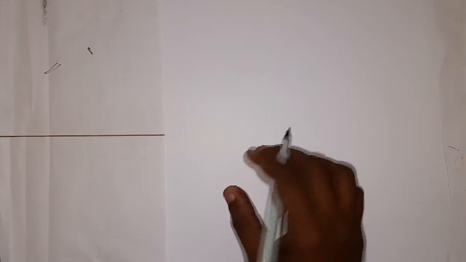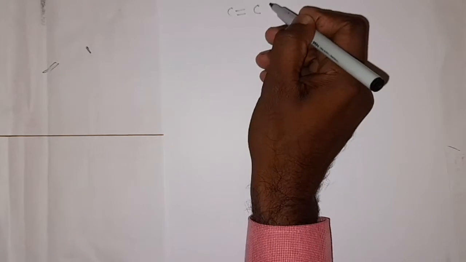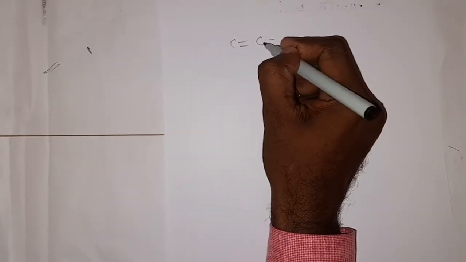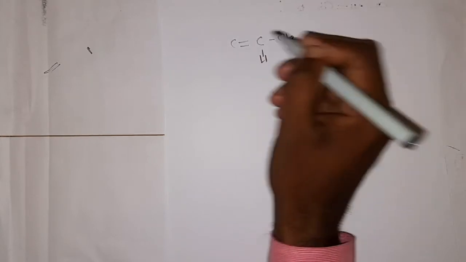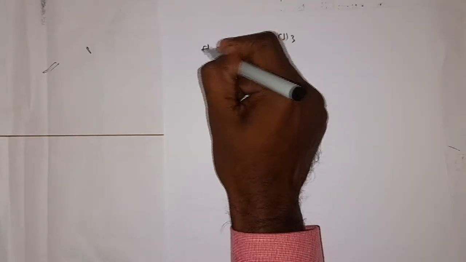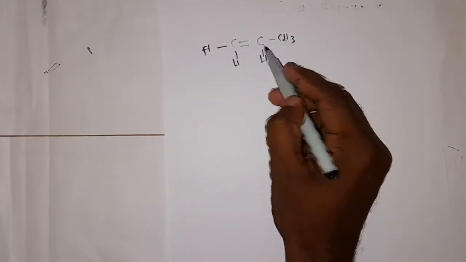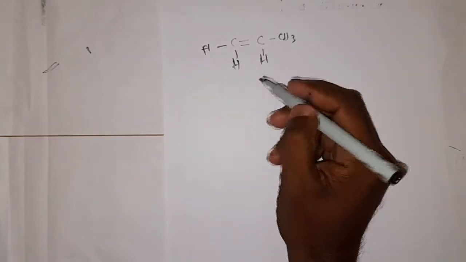Now think about HBr, and here a carbon-carbon double bond exists, and here 1 hydrogen exists, and here think about CH3, and here hydrogen and hydrogen. Now in this compound, this carbon contains only one hydrogen, and this one two hydrogens. Now I'll show you examples.